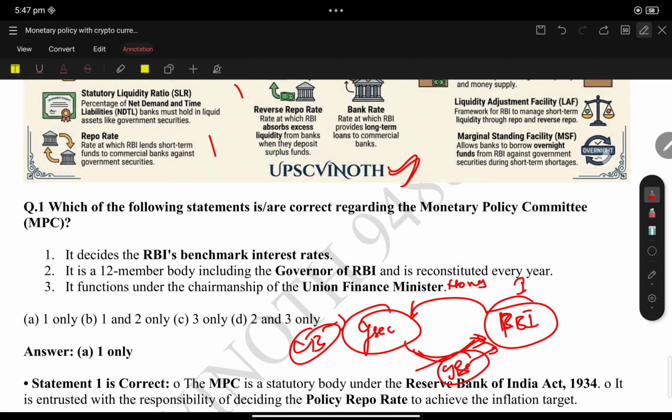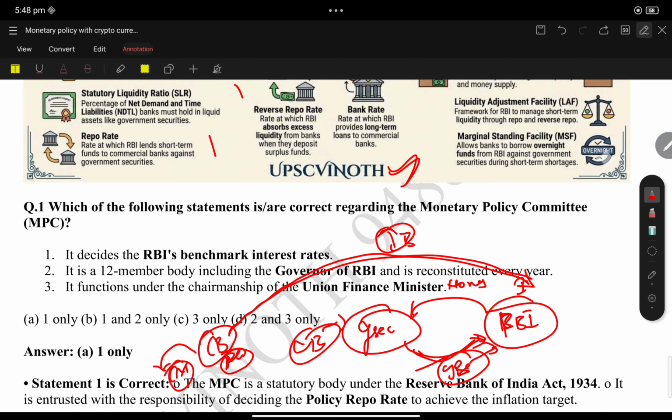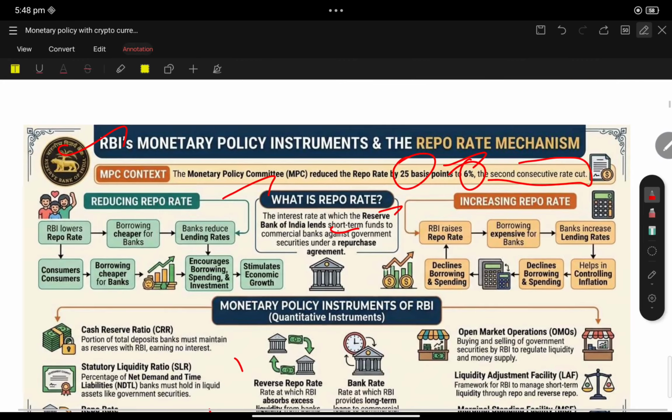Now the commercial bank gets the money and will lend it to common people. The commercial bank has borrowed the money from RBI, so it will pay some interest on the borrowed money. That is the repo rate.